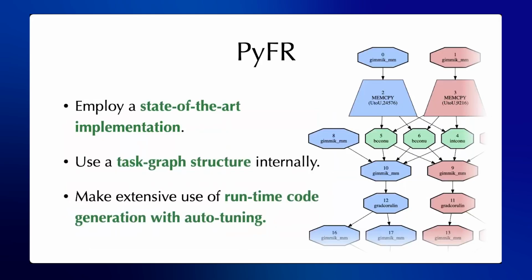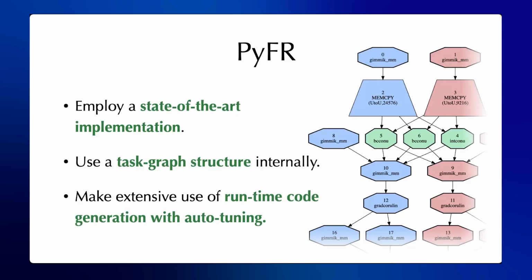The implementation itself is state-of-the-art in a few respects. Firstly, everything to do with kernels is internally based around a task graph structure. This is to reduce overhead and increase parallelism, and we play a lot of tricks with these task graphs to enable things such as cache blocking. Additionally, beyond just doing runtime code generation, we will also do adaptive auto-tuning. So we typically have multiple implementations of a kernel, and when we go to run your particular simulation, we'll try all of them, see which combinations work best, and do all of that at runtime.